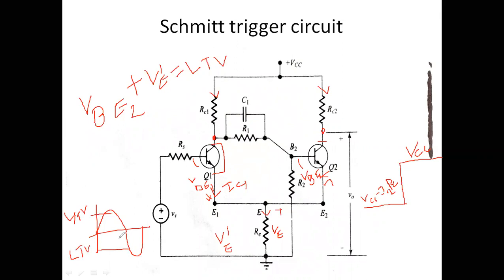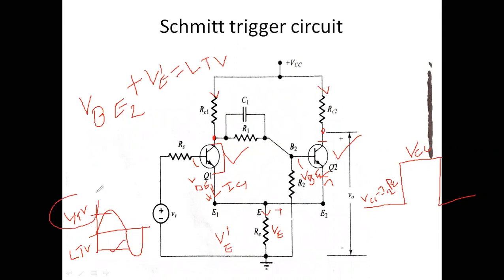When your input voltage crosses the upper threshold voltage, it turns Q1 on. When the input voltage crosses the lower threshold voltage, it turns Q2 on. Again the voltage falls to zero.